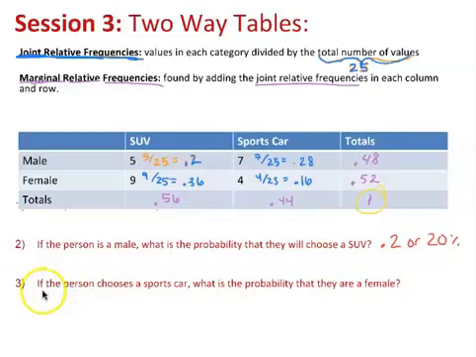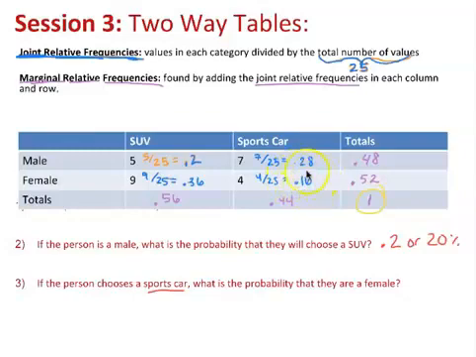And then the last question I want us to answer before we stop this recording: if a person chooses a sports car, what is the probability that they are female? So now we're only looking at the sports car column. If a person chooses a sports car, what is the probability that they are female?